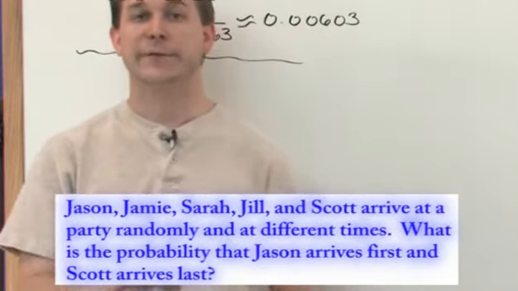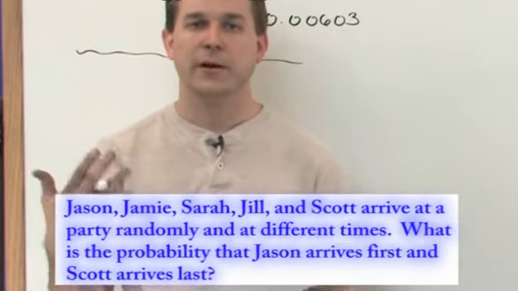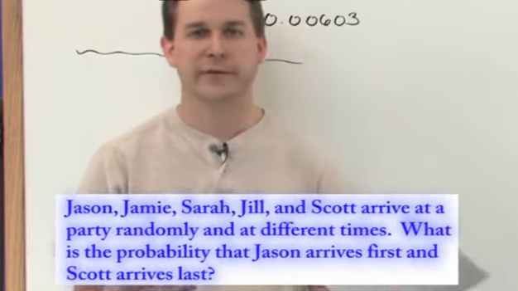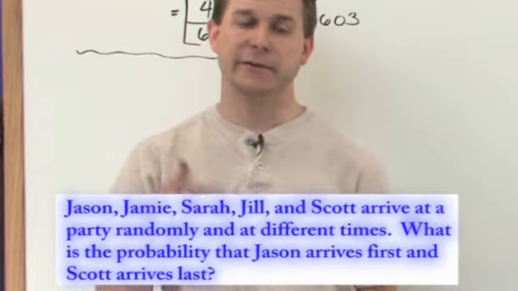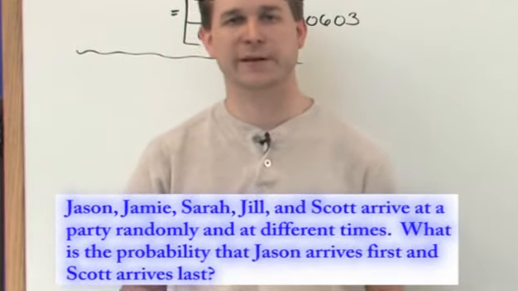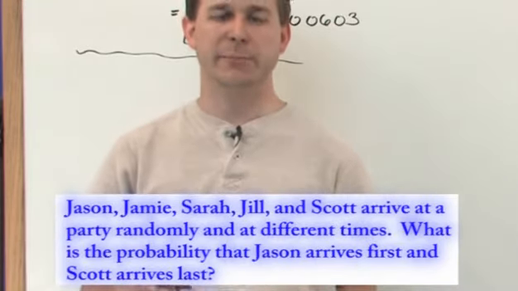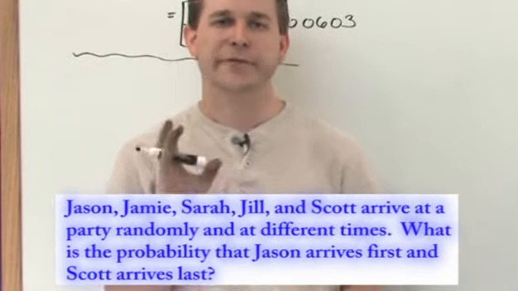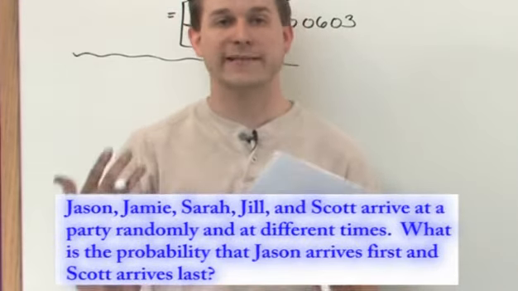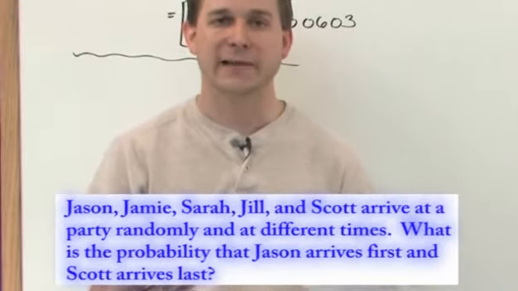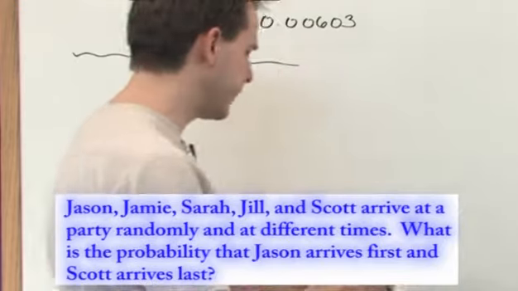I think you'll see, especially when we write it down, these are dependent events because once Jason arrives first, I've effectively removed one of the people from the list that can arrive last, because he's already at the party. So these are dependent events. These are not things that are totally unrelated to one another, and that's what you just have to get the hang of.